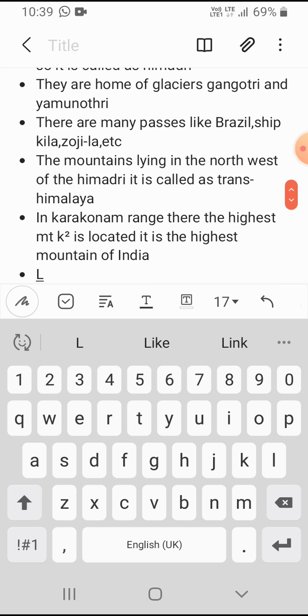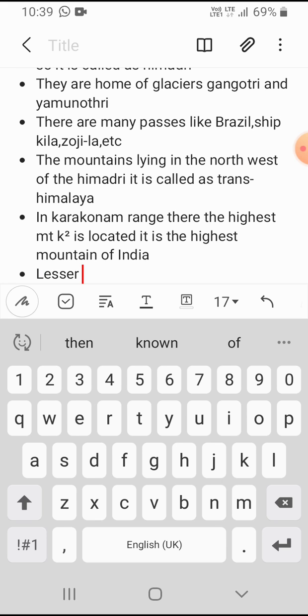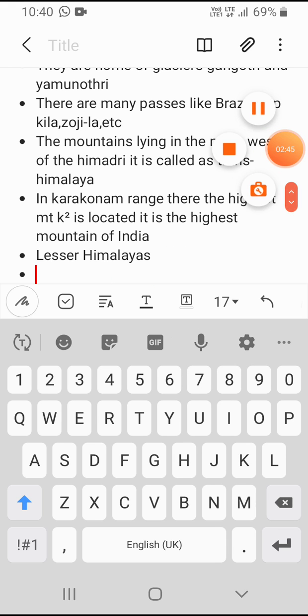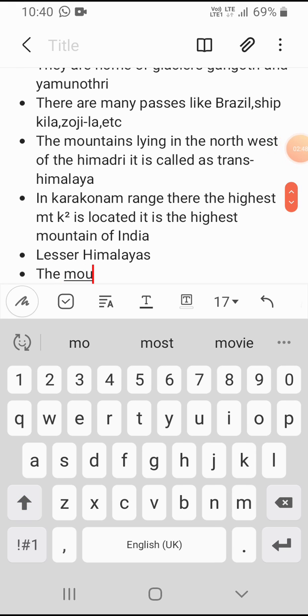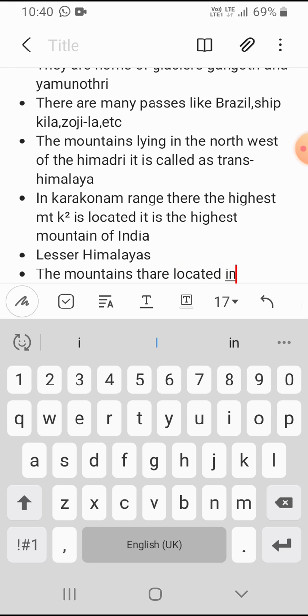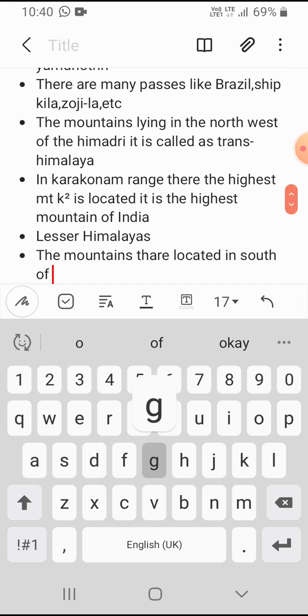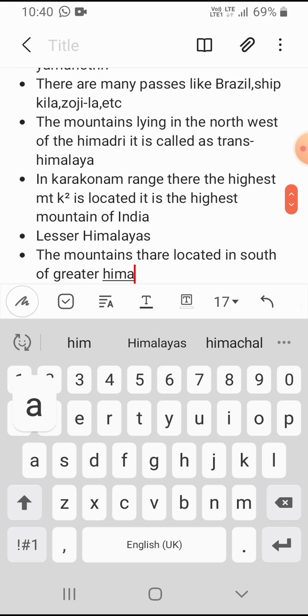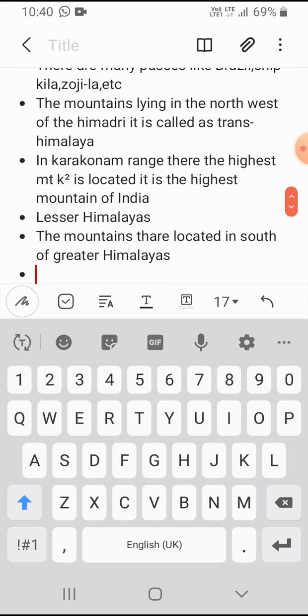After this highest mountain, let's go to the Lesser Himalaya. The mountains that are located in the south of the Greater Himalaya are called the Lesser Himalaya.